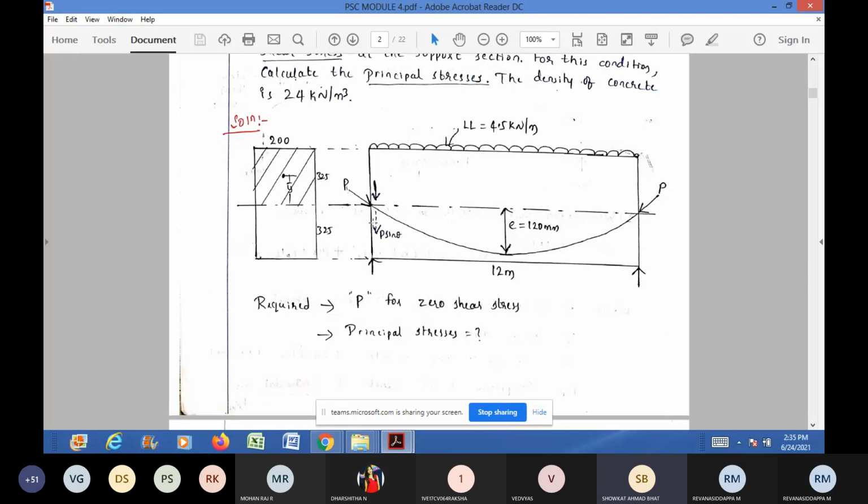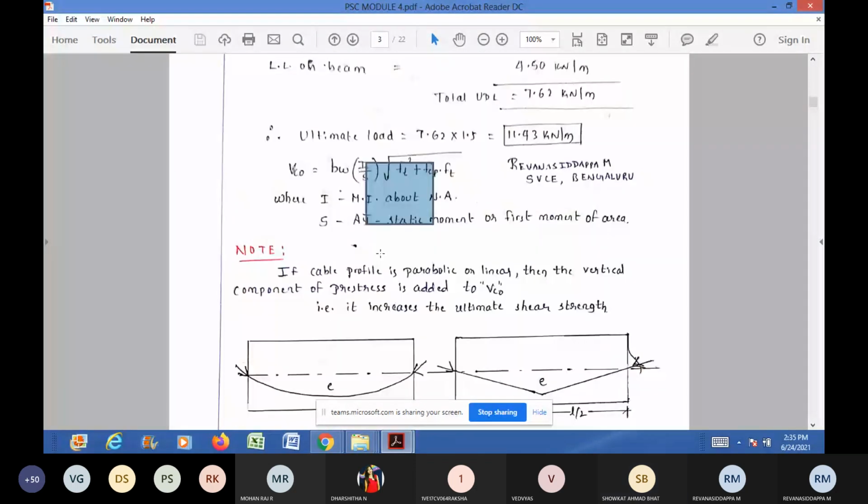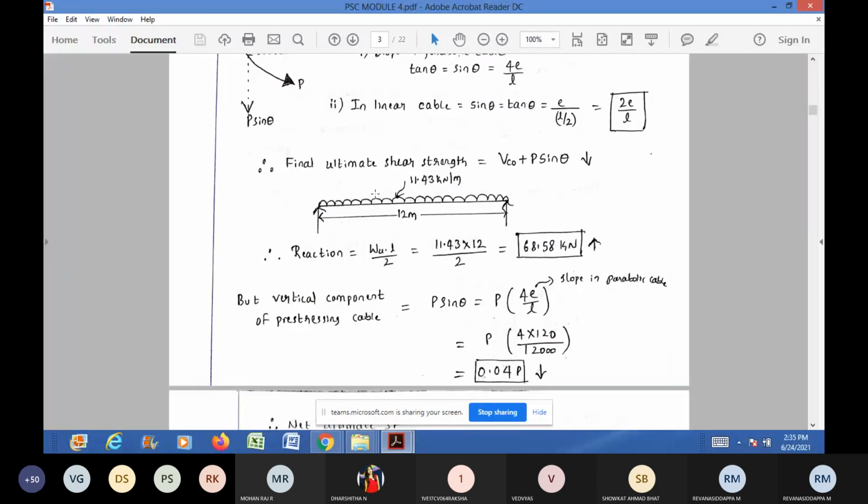Sir, once again, please. Yes, I'll repeat it again. See here you have calculated the reaction at the support due to the external load, dead load plus live load. The reaction you got is 68.58 kilonewton.